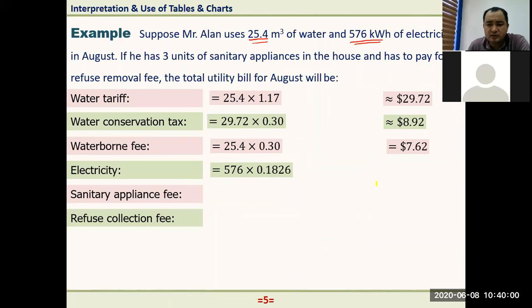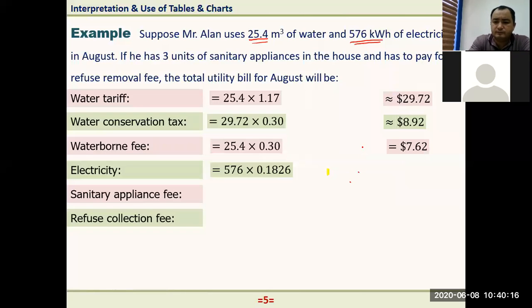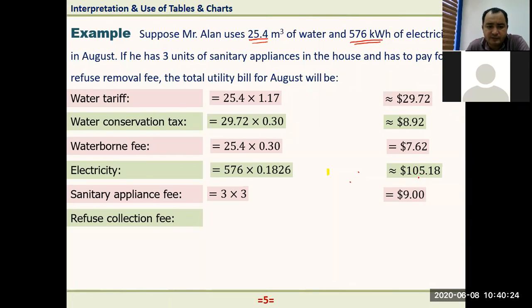So how much is it? It is 105.18. Okay, that is for the electricity.